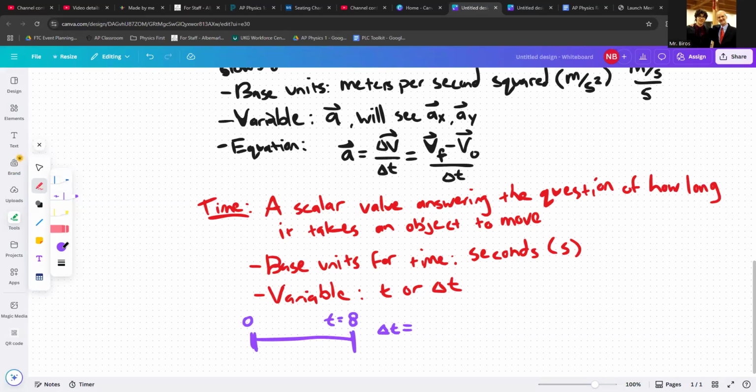Well, that's not true, because we have to choose some other point in time to say, here's the initial, here's the final, here's the window of time we're looking at. So once we choose 0 to 8 seconds, that change in time is final minus initial, 8 minus 0. Well, that's just still 8 seconds. I should put my units on things, probably. Seconds.